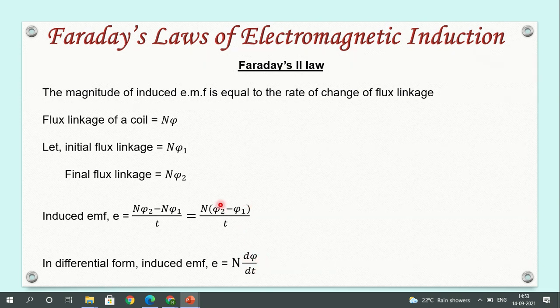So according to Faraday's second law, the magnitude of induced EMF is equal to n into d phi by dt, where n is the number of turns of the coil and d phi by dt is the rate of change of flux linking with the coil.